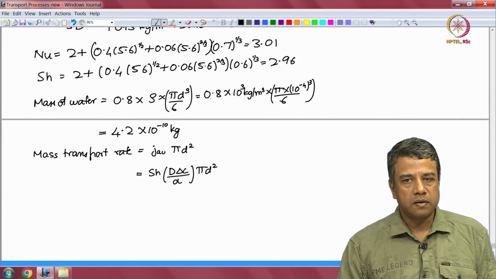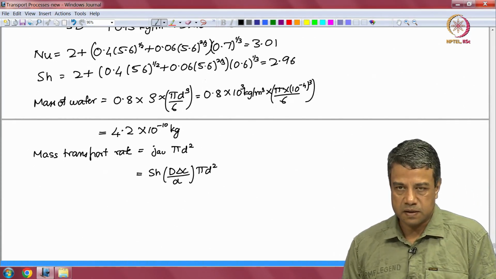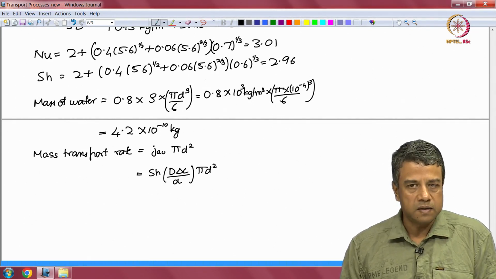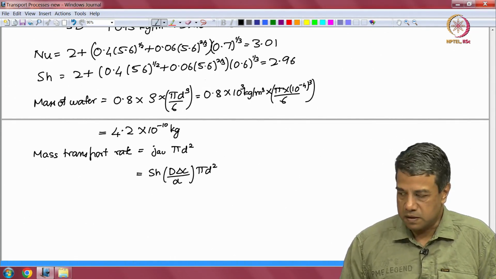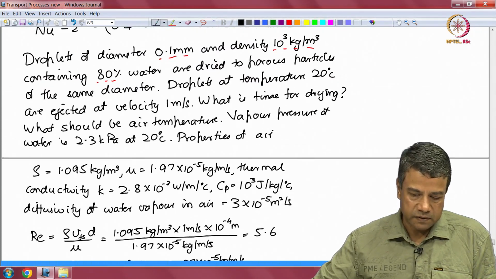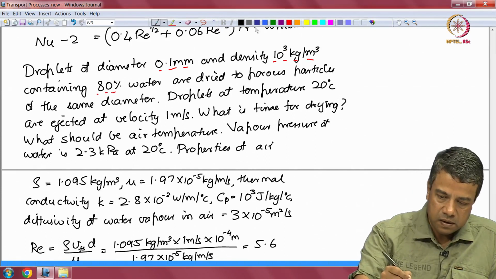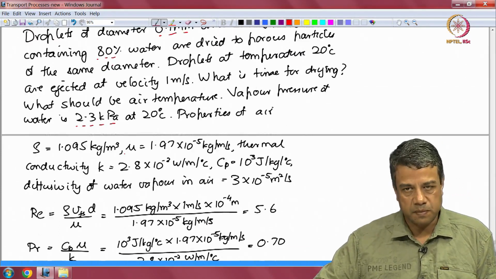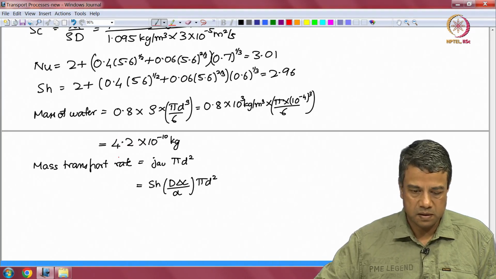So, I have to find out what is the concentration difference between the surface and the bulk. In the bulk, of course, I have dry air, and therefore, the concentration of moisture in the air is 0. What about at the surface? I have to evaluate what is the concentration based upon the partial pressure, 2.3 kilopascals.